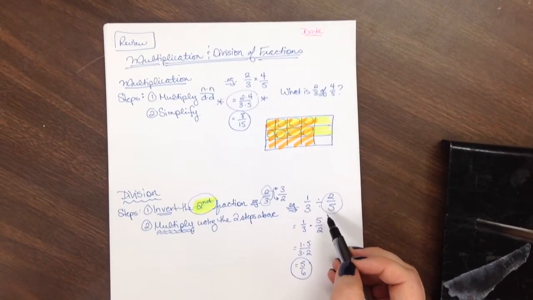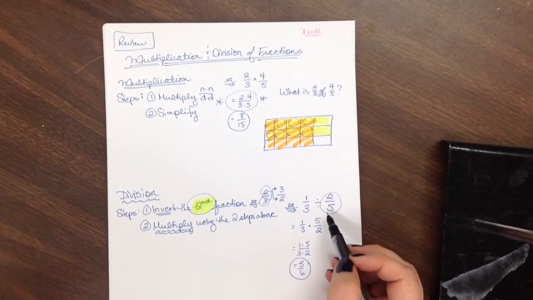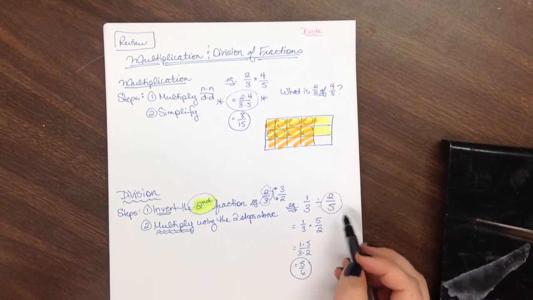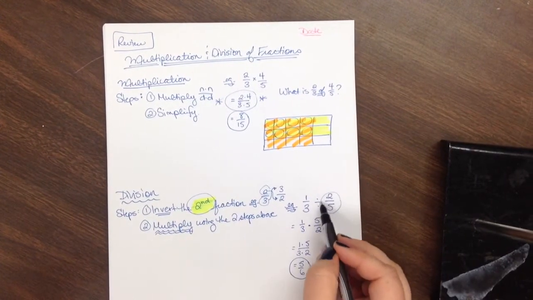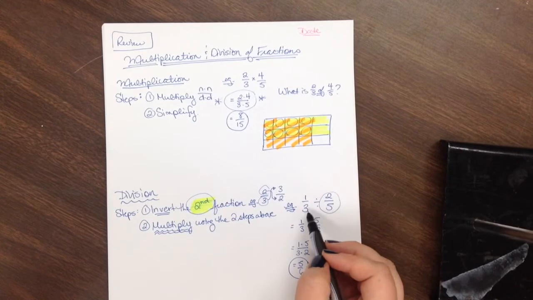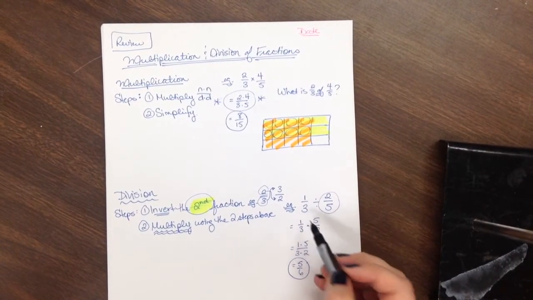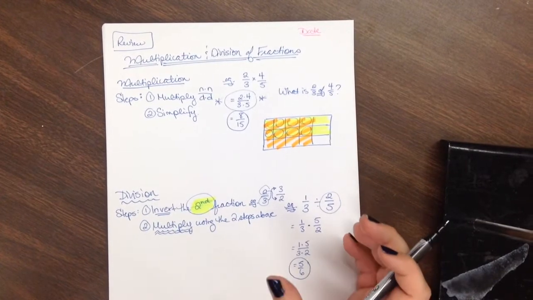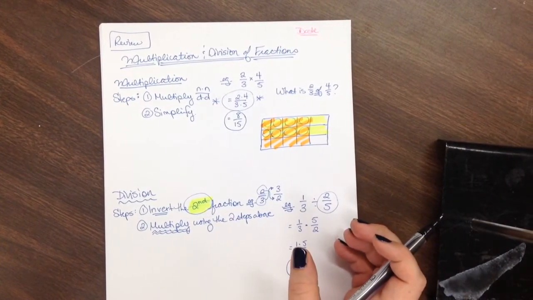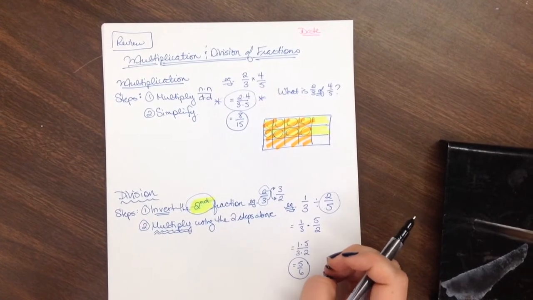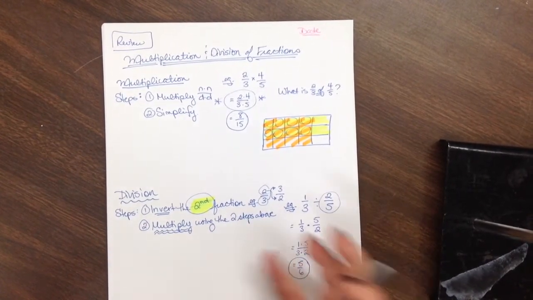So if I wanted to understand what this question is really asking me, okay, it's really asking me how many 2/5 of my whole figure fit into 1/3. Okay, so it's also if I had 1/3 of my entire figure and I want to divide it by 2/5 of my entire figure, so figure out how many groupings of 2/5 fit into that 1/3.